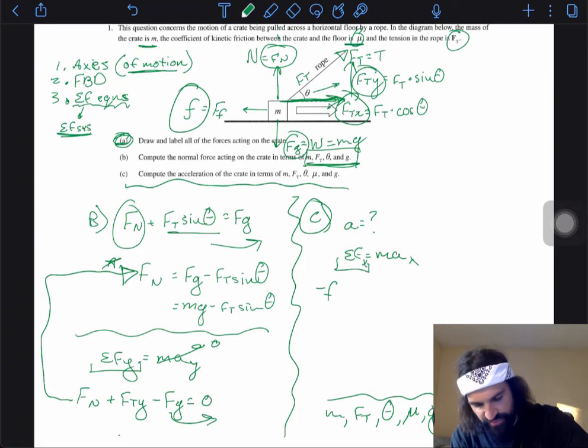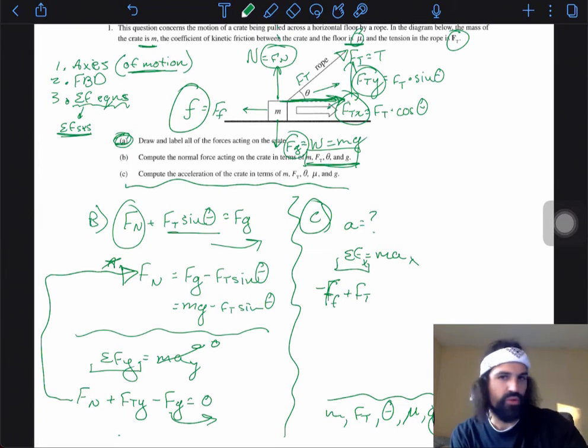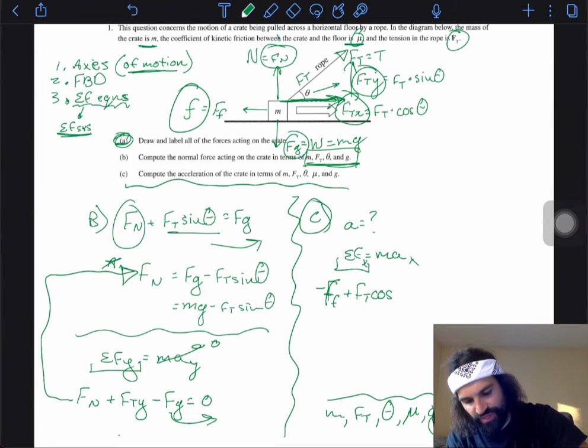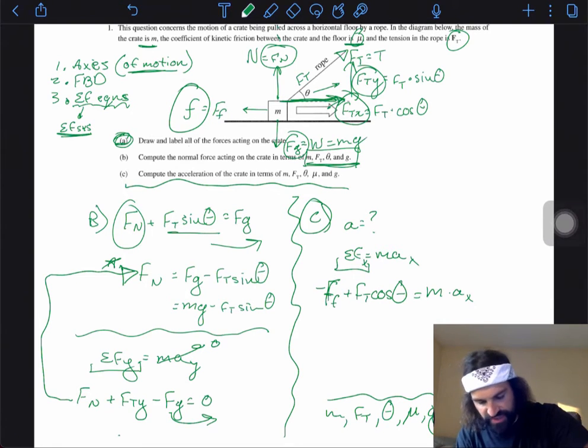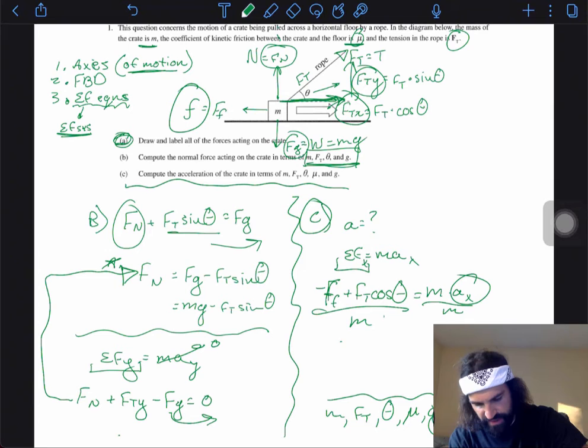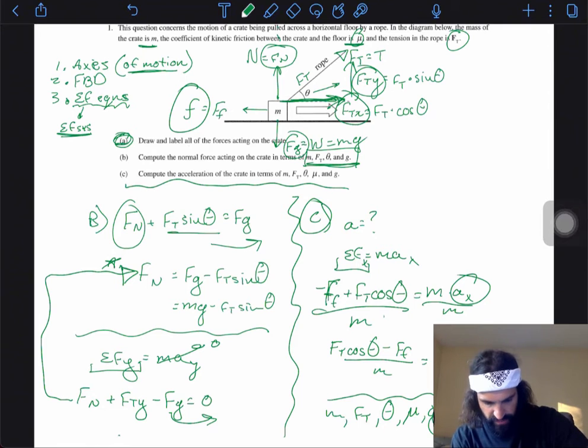So negative Ff because it's to the left, plus Ftx, or we can just make the jump, Ft cosine theta, equals m times the horizontal acceleration. And we're trying to solve for acceleration, so I'm going to divide both sides by m, and Ft cosine theta minus Ff, the friction force, divided by mass equals the horizontal acceleration.